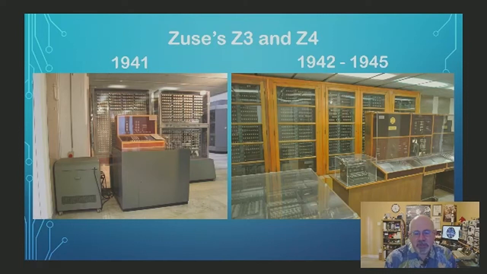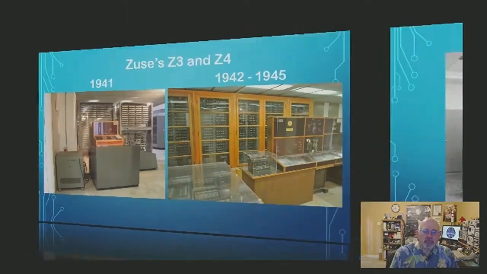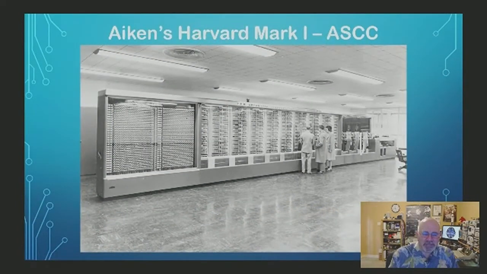And during the war, he was not able to finish completing the C4 until the war was over. He was able to move it out of Berlin, and he started completing that machine in 1950 after moving it to Switzerland.